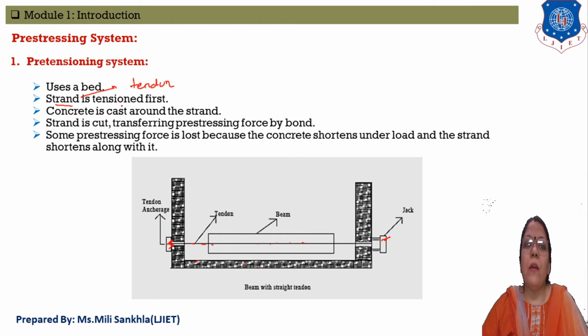In pre-tensioning, these tendons are tensioned first, that is, stretched. Tension means stretching condition, and concrete is cast around the strand.